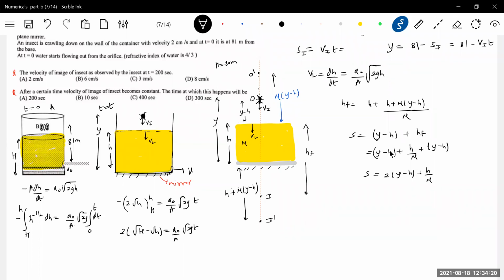Now what you are going to do is find the velocity of the image of the insect as observed by the insect at t equal to 200 seconds. Shall we go for differentiating this? What do you mean by dot? Derivative of that.